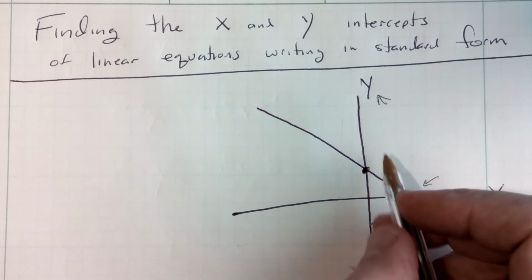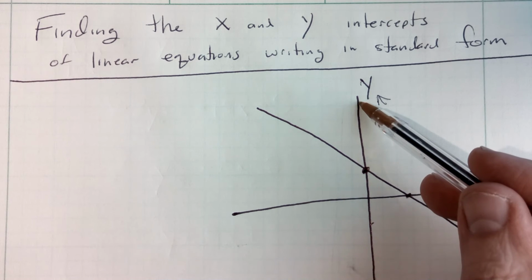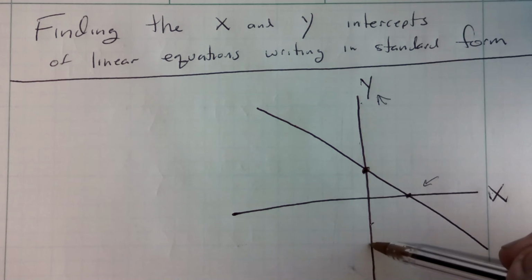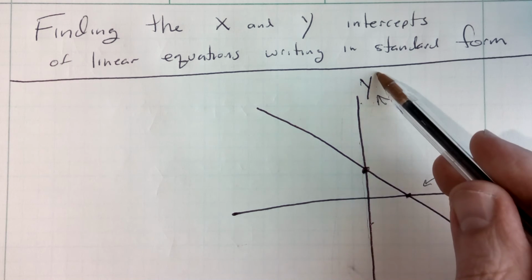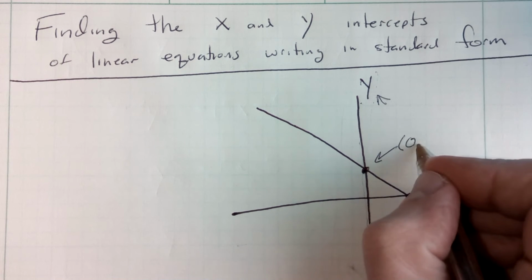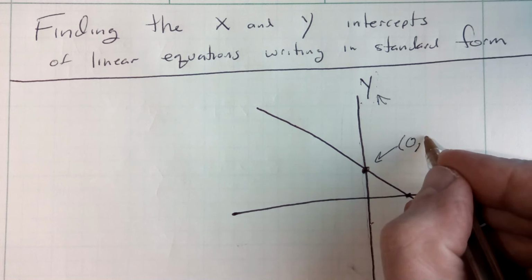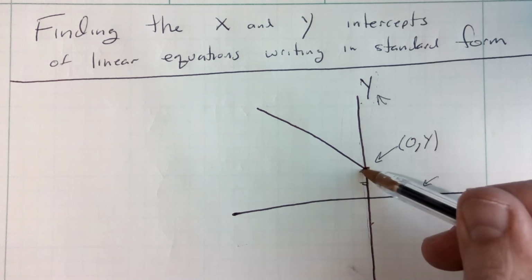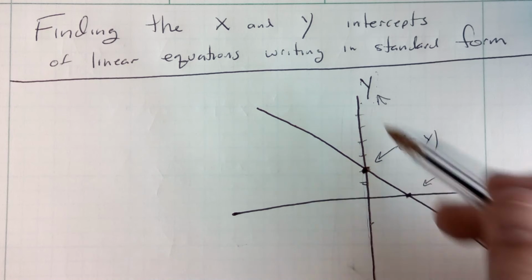Now, the thing I want to emphasize is that when we're looking for the y-intercept, the point that crosses this vertical y-axis, the x value for that point will always be 0. The y value, I'm not sure what that would be. It could be up 2, up 3, 4, 5, 6, it could be down.